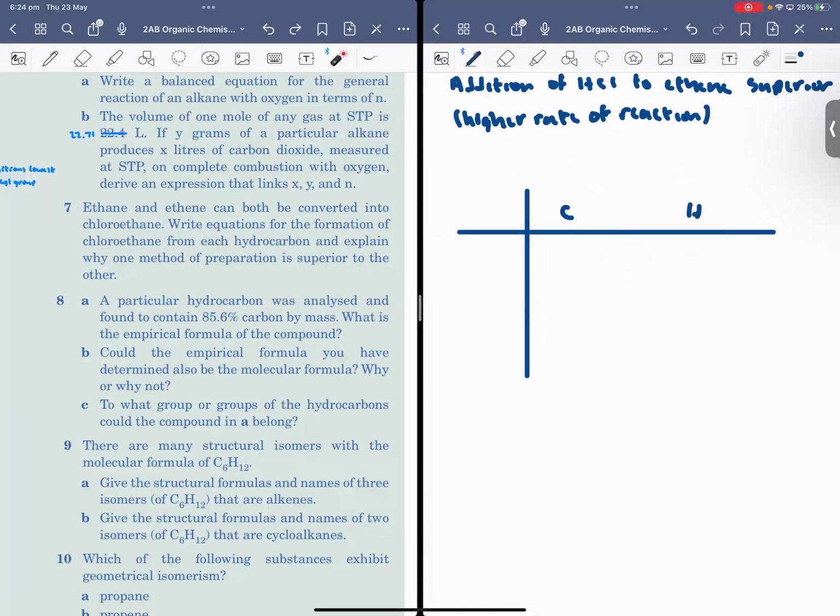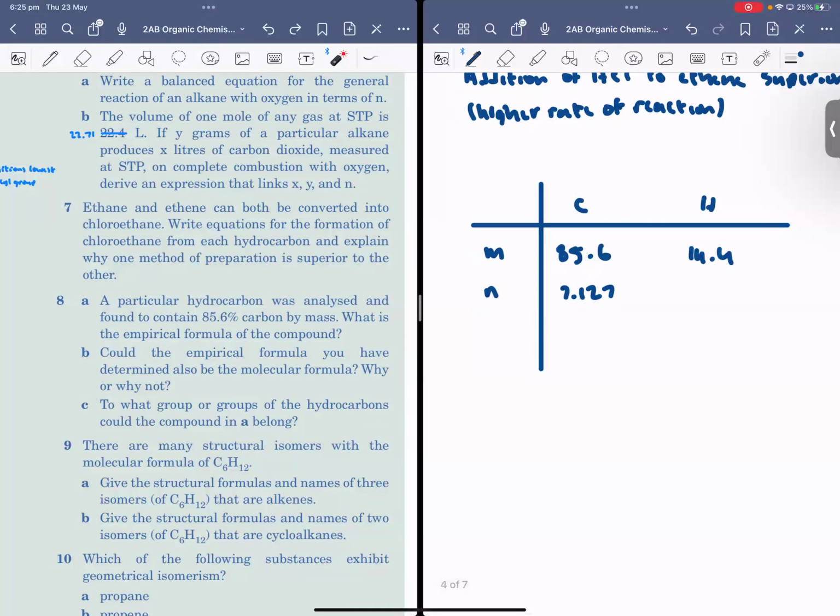CH, what's the mass, guys? 85.6% carbon by mass, which means what percentage hydrogen? 14.4. Then you need the moles. How do you get moles? You divide by the molar mass. Who can tell me what's 85.6 divided by its molar mass, 12.01? What do we get? 7.127. Okay. And then when we do 14.4 and divide by its molar mass of 1.008, we get 14.286.